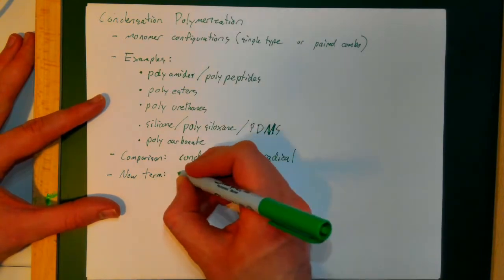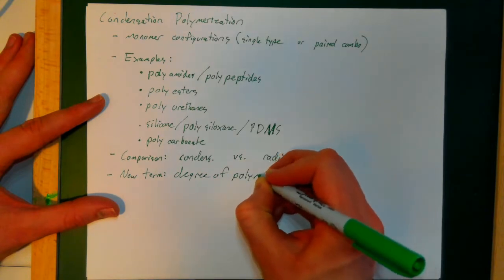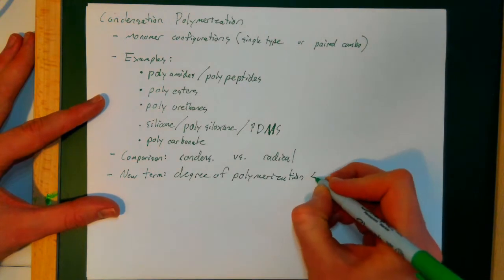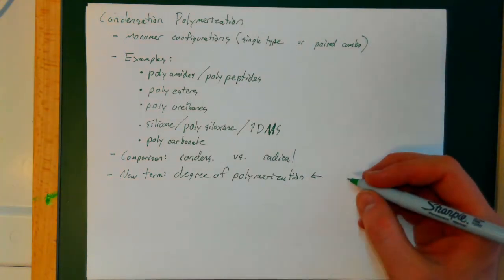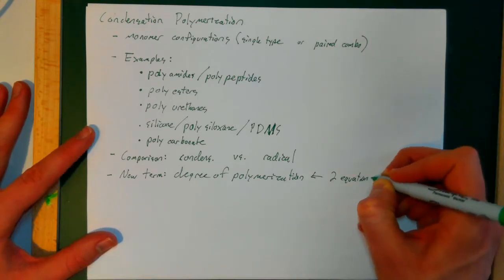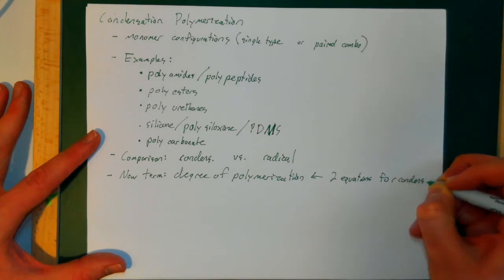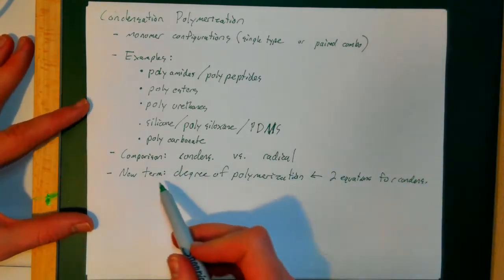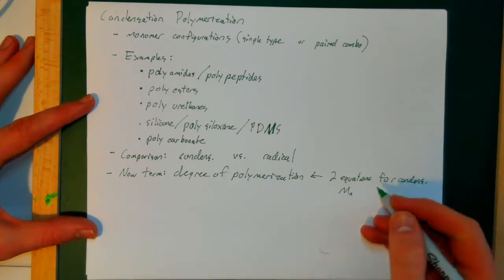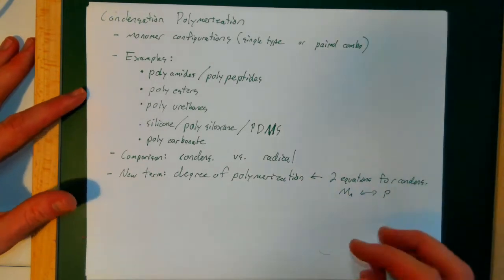And then I'm going to introduce a new term, which is called the degree of polymerization. I'm going to introduce some equations that can be used for condensation polymerization to characterize a relationship between the molecular weight, M sub n, and this degree of polymerization, p, which describes completeness.